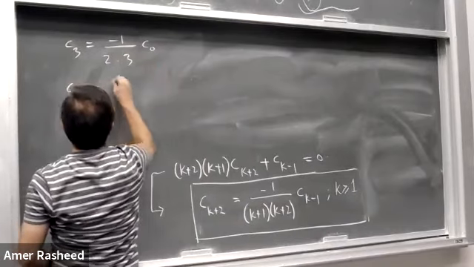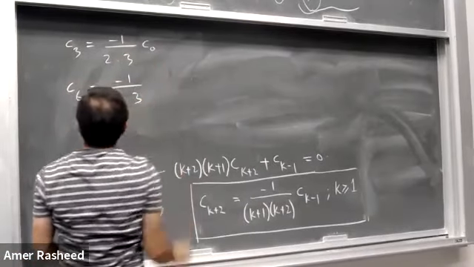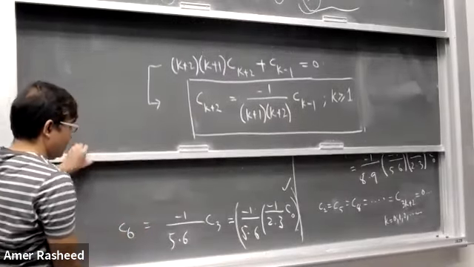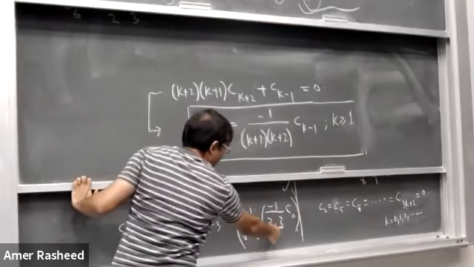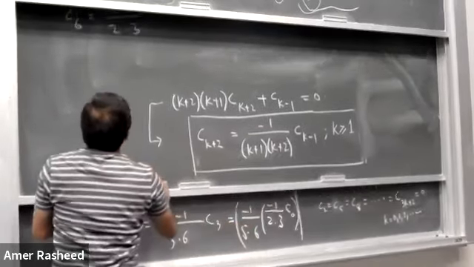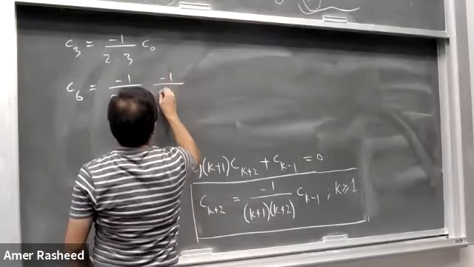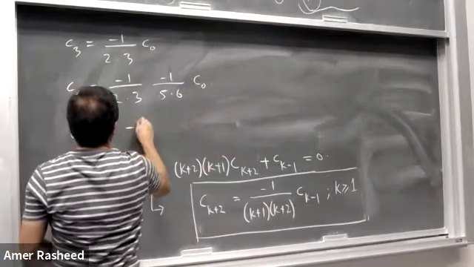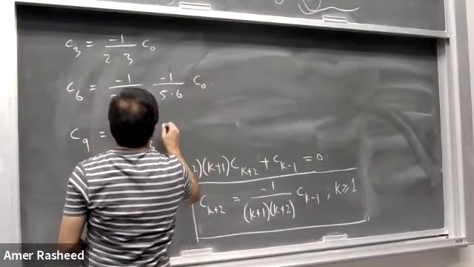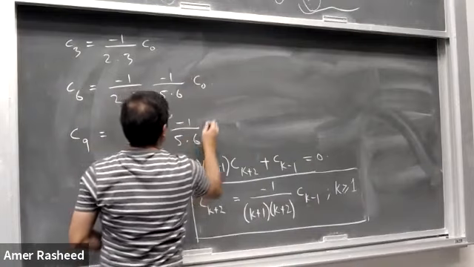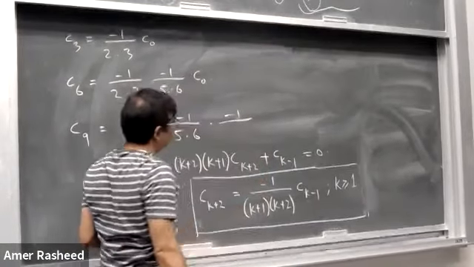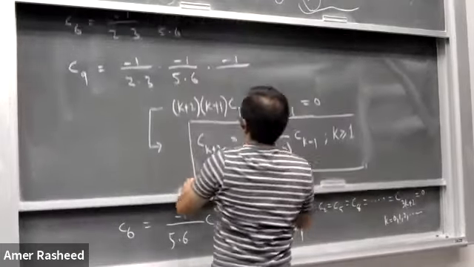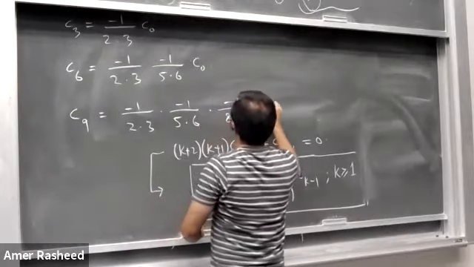After C3 comes C6, which is -1/(5 times 6) times C3, and here there is C0. Then C9 is what? -1/(2 times 3) into -1/(5 times 6) into -1/(8 times 9) times C0.